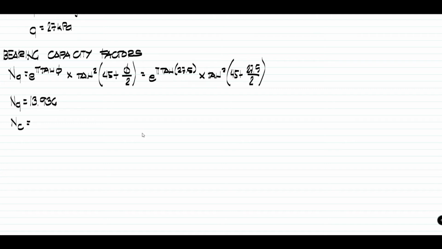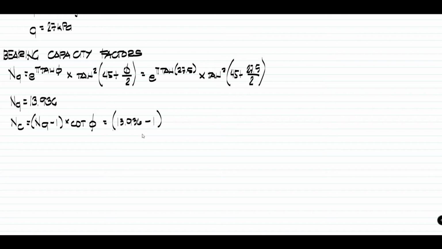The NC is equivalent to a value NQ minus 1 times cotangent of phi. So that will be equivalent to NQ natin is 13.936 minus 1. So yung cotangent natin is, ang identity niya is 1 over tangent.